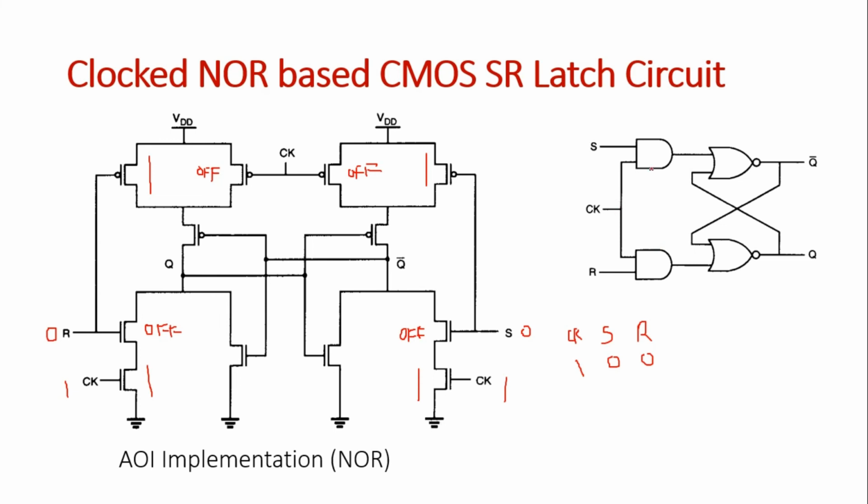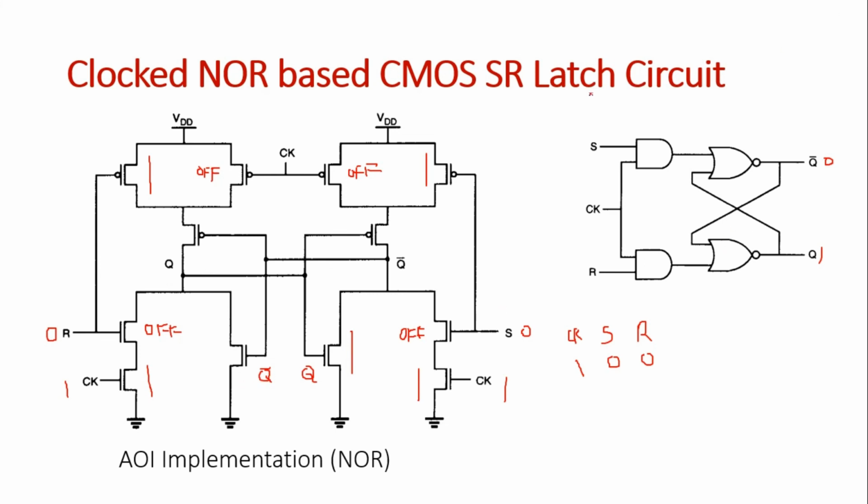Now in the previous operation, if we have the Q and Q bar value, let's say the Q is 1 and the Q bar is 0, of course it will be a complement. So let's say Q is 1, that means this is our Q bar and this is our Q. So if Q is 1, then it will be turned on and it is short circuited.